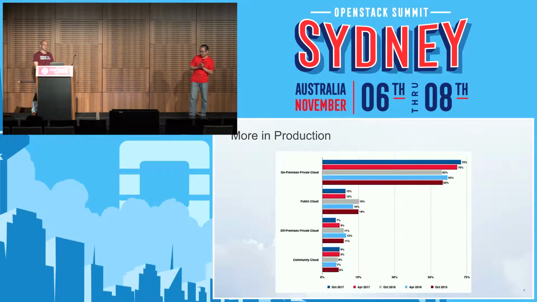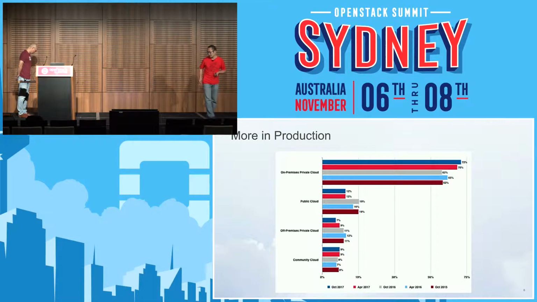This information was just published yesterday, so the data is very fresh. According to the user survey, in the diagram we can see the on-premise private cloud setup is increasing almost every half year.